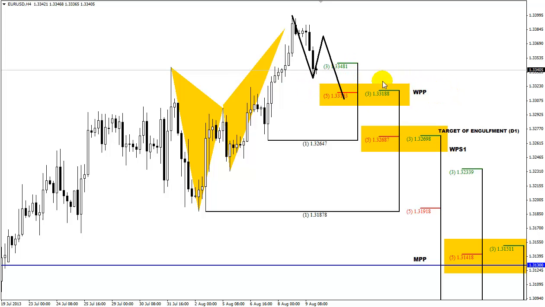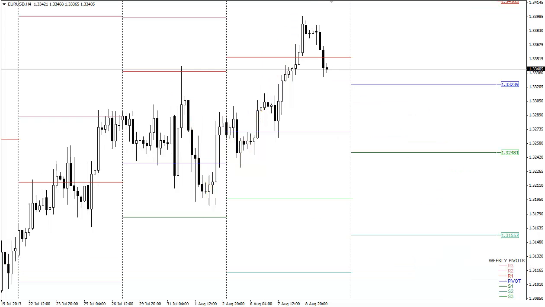And this area is important because this is the weekly pivot point for the coming week, as we can see here. Okay, the market will open above the weekly pivot point, and maybe it will reach it by doing some ABCD to the zone.